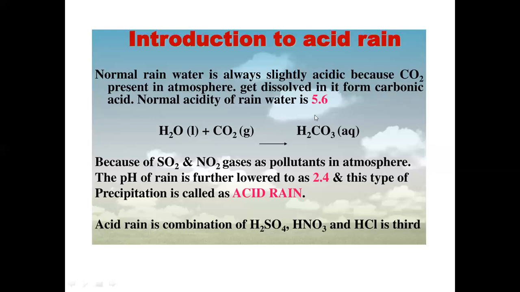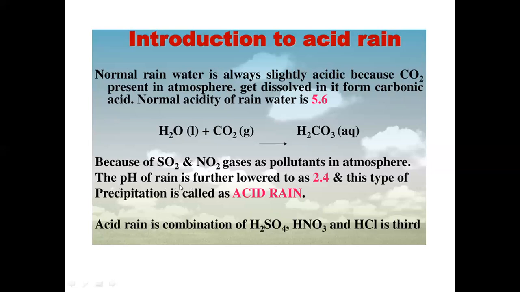But okay. If the rainwater has a pH value less than the pH of normal rainwater, it is called acid rain, because sulfur dioxide and nitrogen dioxide gases, as pollutants in the atmosphere, can be dissolved in the rainwater.